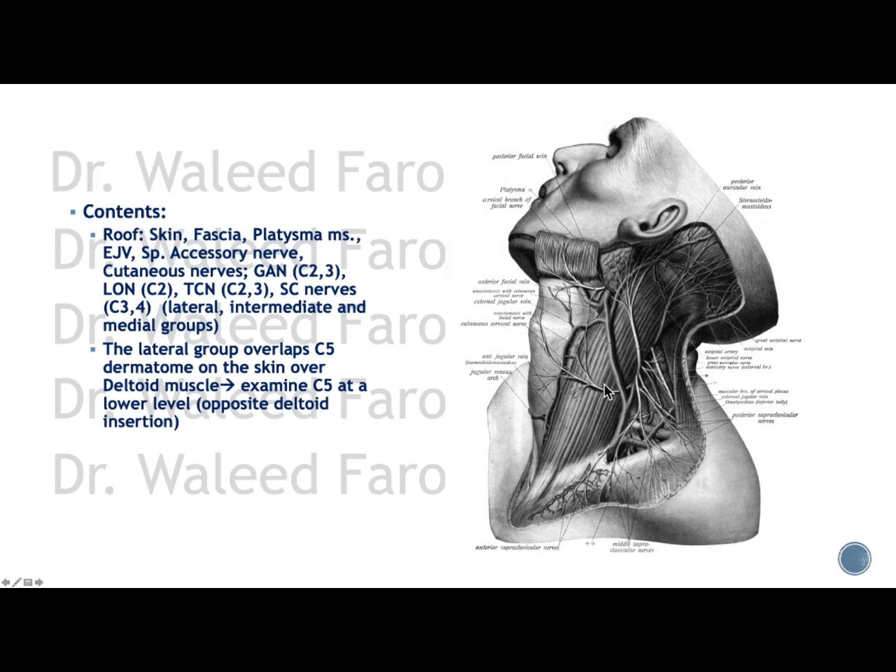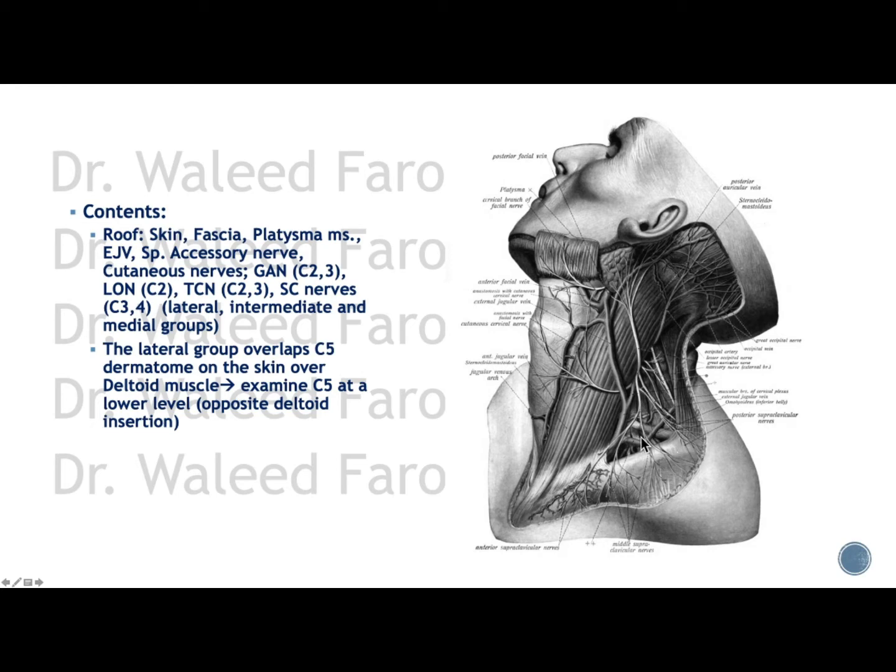We have another cutaneous nerve, the transverse cutaneous nerve of the neck. It splits into ascending and descending branches to cover the area. We have a group of nerves called the supraclavicular nerves. See that? Divides into medial, intermediate, and lateral groups.